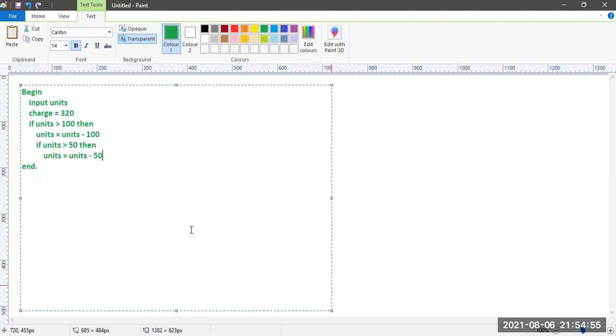So now you can charge the balance amount at 5 rupees each if it is greater than 50.